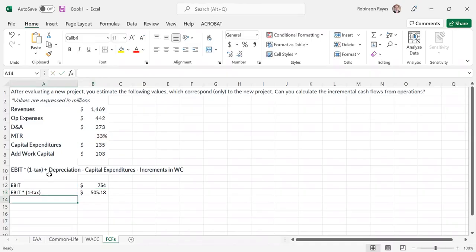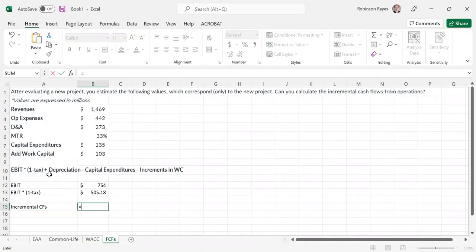Once we have done that, then we can get the incremental cash flows. We will get it in the following way. We already have this first component, which is earnings before interest and taxes times 1 minus the tax rate.